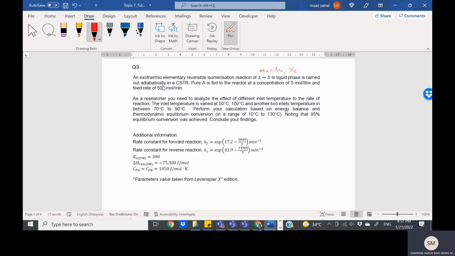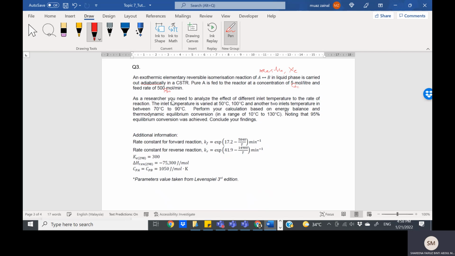In liquid phase, it is carried out adiabatically in a CSTR. Pure A is fed to the reactor at a concentration of 5 mol per liter and a feed rate of 100 mol per minute. So it has given CA naught and also the feed rate, which is FA naught.